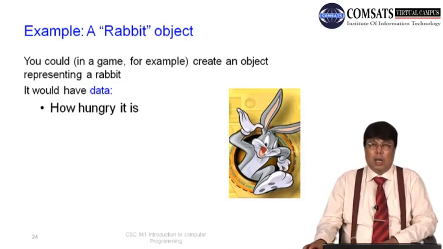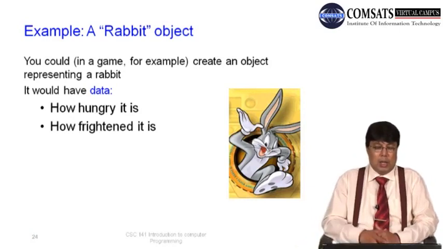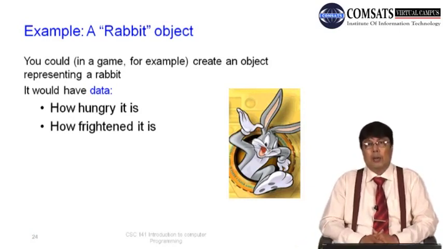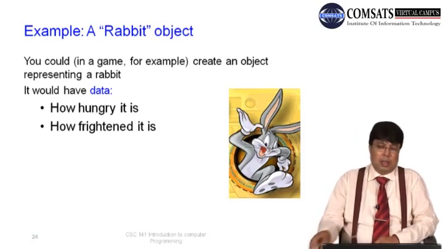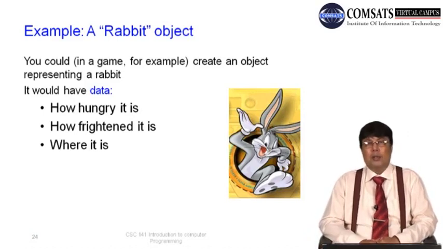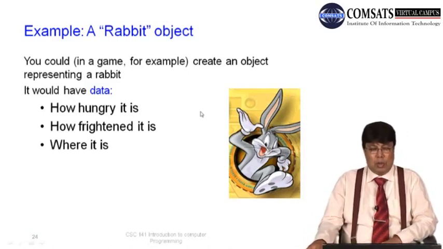It has been hungry for the last 2 hours, 4 hours, and you can attach how frightened it is, whether it is feeling comfortable or frightened. This is an attribute that you can assign, and also its location and position.